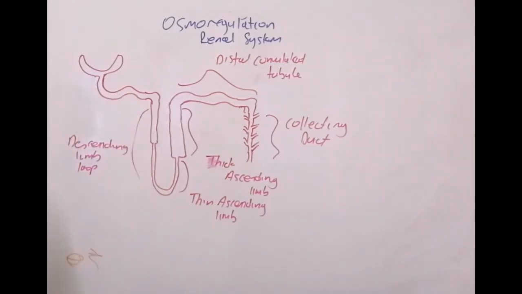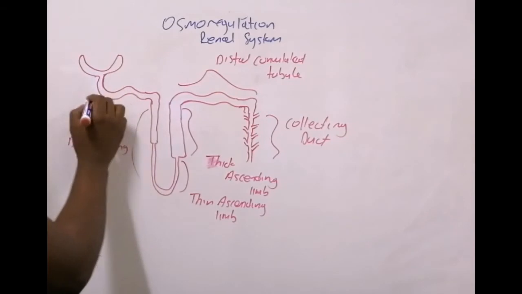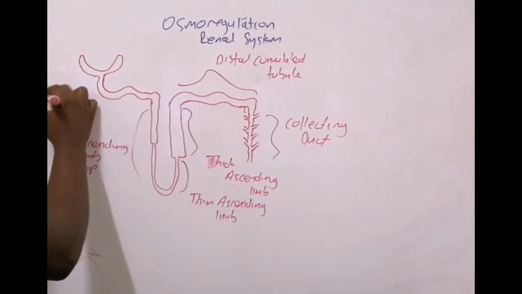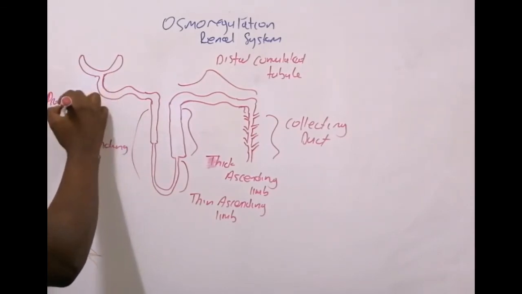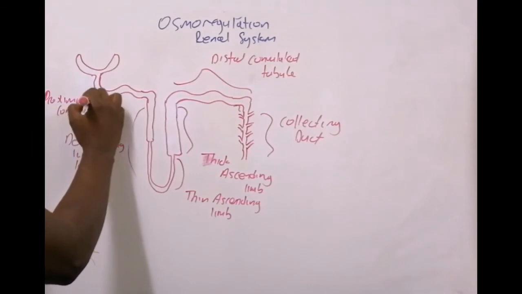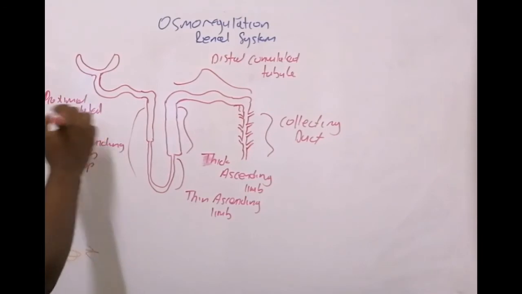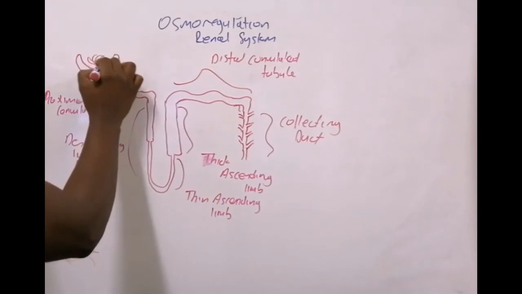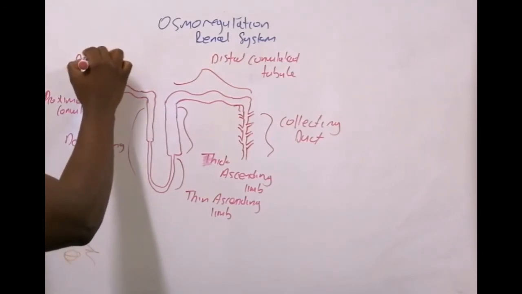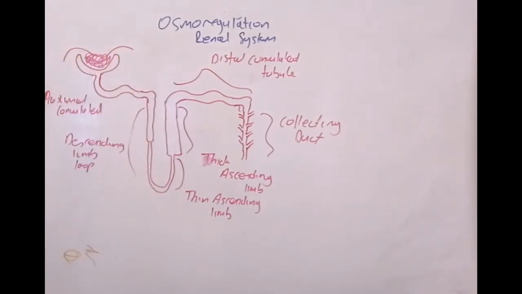Then, this part here is the proximal convoluted tubule. This is the Bowman's capsule with the glomerular network, efferent arteriole, afferent arteriole.